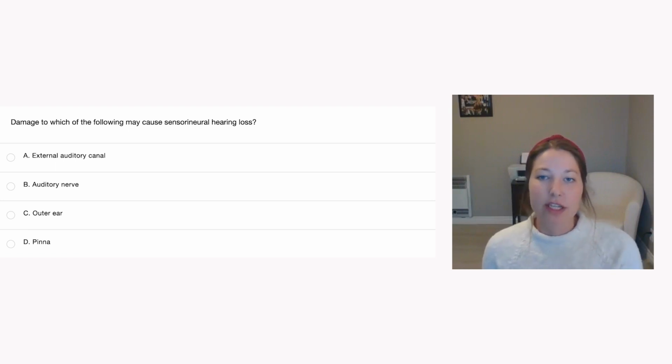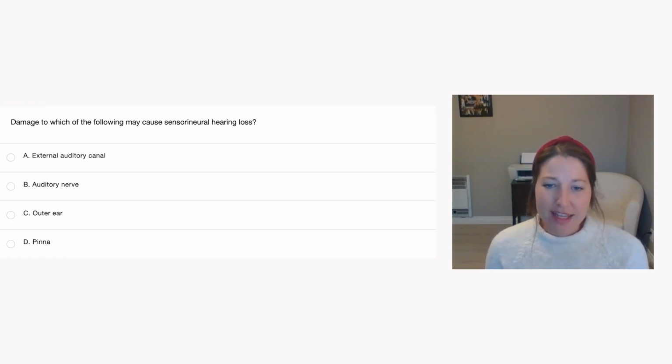On the Praxis, you get to mark it, and then at the very end, it'll show you a review page, and you can click the numbers that you want to go back to. So you can automatically jump back to the question that you had marked. You don't have to sort through all of them. And then lastly, answer all the questions in order.